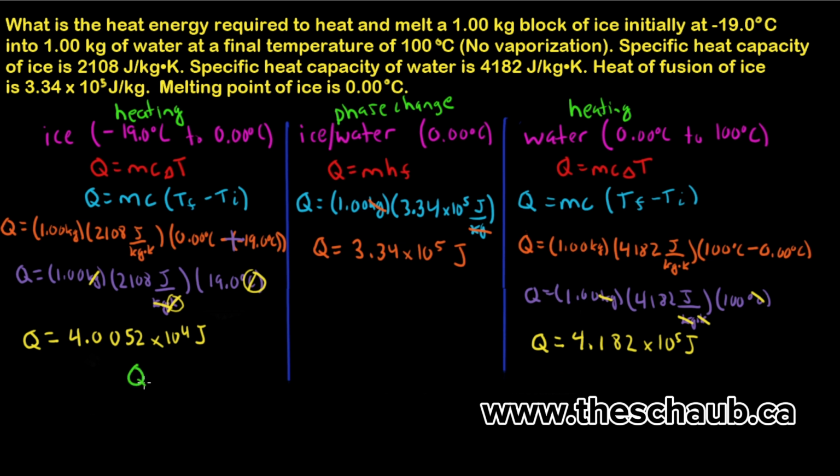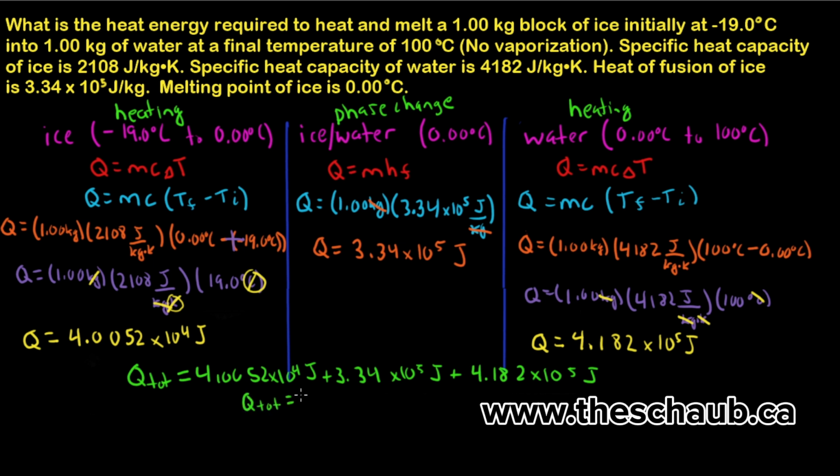So the Q total, the heat energy total that is required to undergo this process, is 4.0052 times 10 to the 4 joules plus 3.34 times 10 to the 5 joules plus 4.182 times 10 to the 5 joules, giving us a Q total, if we add all these numbers together, of 7.92 times 10 to the 5 joules.